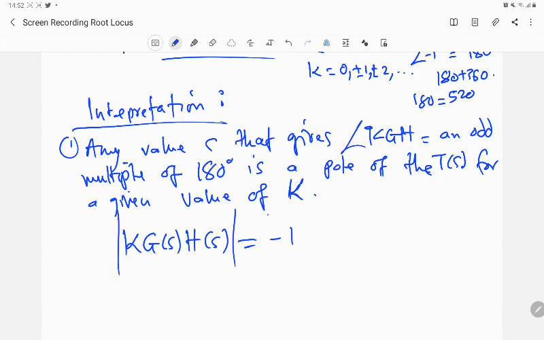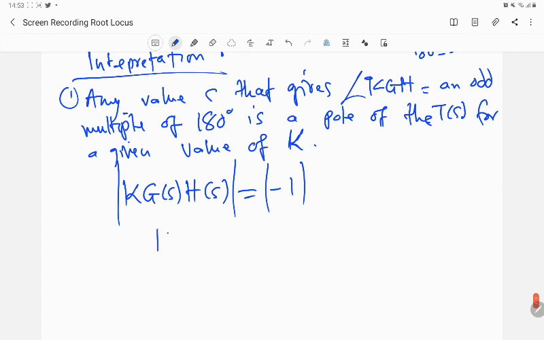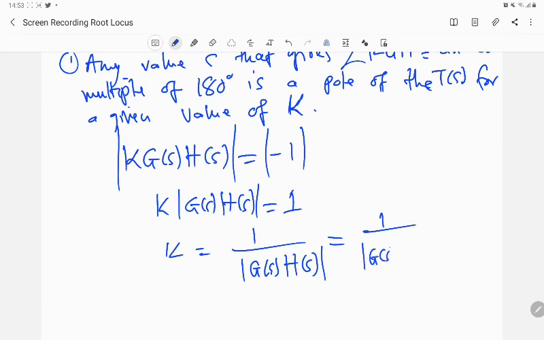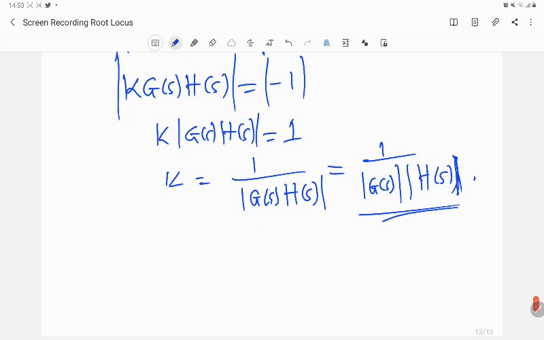I can find the magnitude of this, and that will give me K times the magnitude of G of S H of S equals 1. Therefore K equals 1 over the magnitude of G of S H of S, which from what we have studied earlier is the same as 1 over the magnitude of G of S times the magnitude of H of S. So I can plug in the S to find out whether it lies on the root locus, and if it does, I can use that value to find the gain at that particular value of S.